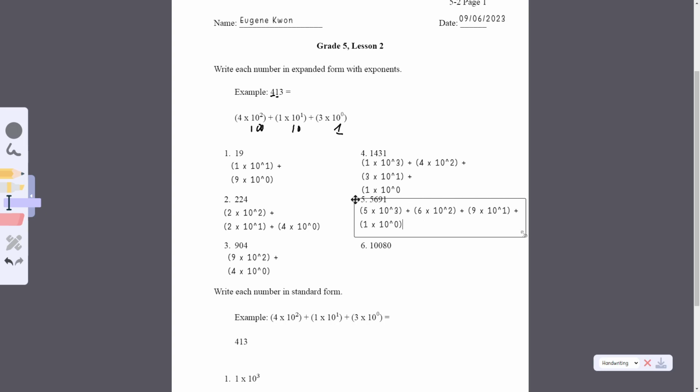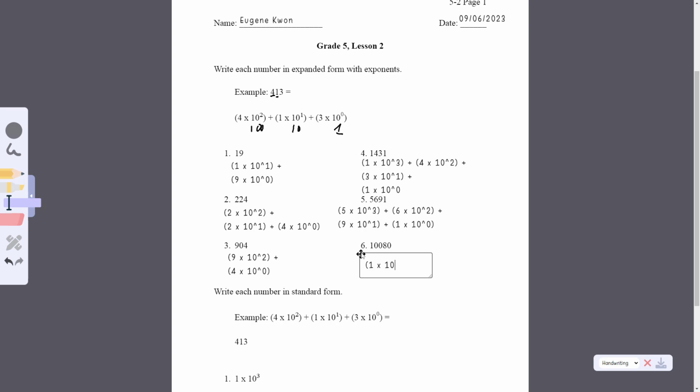This number would equal the 5,691 that is given. Lastly, 10,080: 1 times 10 to the 4th power, plus 8 times 10 to the first power would be your answer.